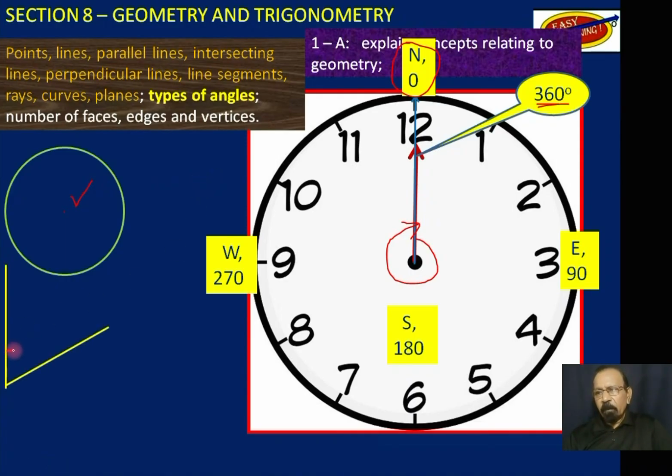Here you have part of the circle, which is less than 90 degrees. Here you have another one, which is more than 90, but less than 180. Because remember, that is 90. This is 180. This looks like somewhere here, that angle.